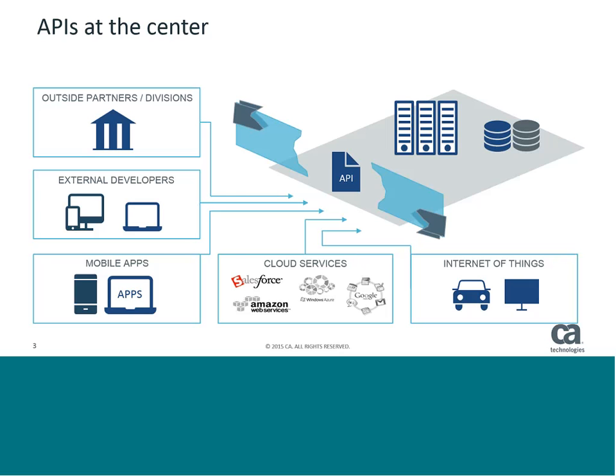Then there are the cloud services, whether it be their own enterprise systems hosted outside on a SaaS application or a PaaS platform, or a hosted solution that partners and customers are subscribing to.